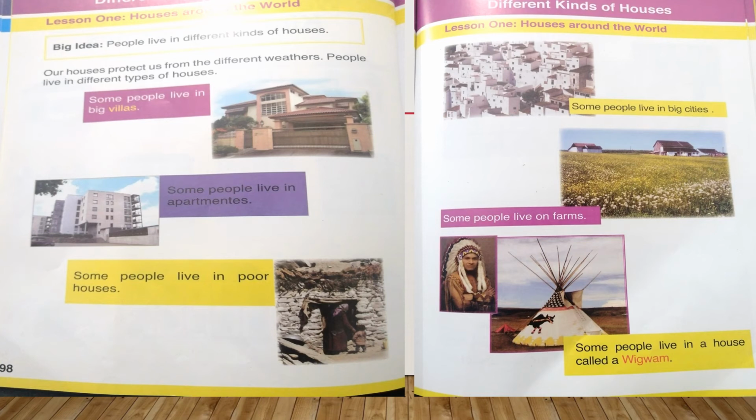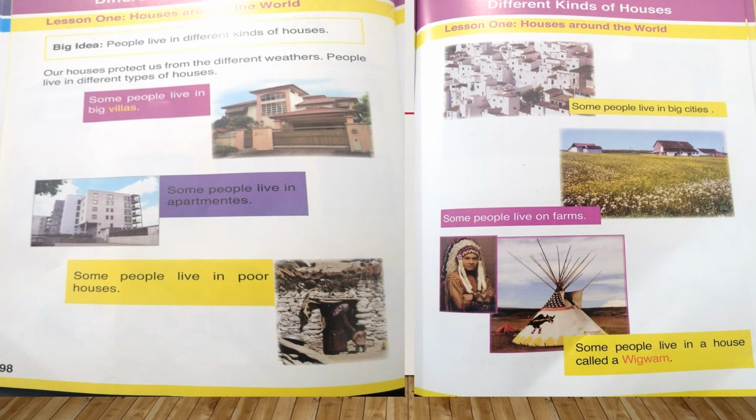Some people live in big villas. Some people live in apartments. Some people live in poor houses. Our houses protect us from different weathers. So now, when we look at the different houses, it goes with the different weather and the environment as well.